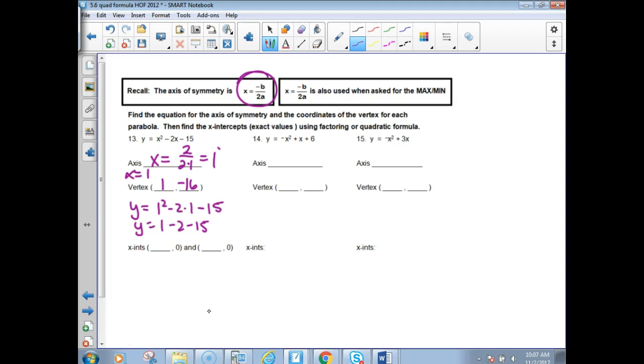Okay, it says then find the x-intercepts exact values using factoring or the quadratic formula. Can you factor this one? I see factoring as the easy part, because you can do x minus 5 times x plus 3. And that gives you 5 and negative 3. And I don't care which one's first or second.